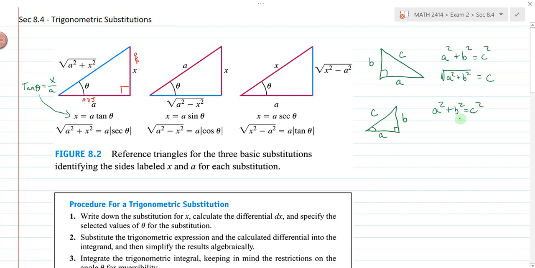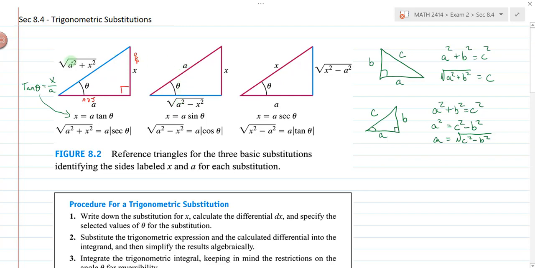And if I want to solve for a, I would subtract b squared from both sides, and then a would be equal to the square root of c squared minus b squared. Whenever you have subtraction, whatever's listed first in the subtraction has got to be the hypotenuse. So here, the adjacent side I wanted to be down here at the bottom, but because the a is listed first, that a now has to be the hypotenuse.